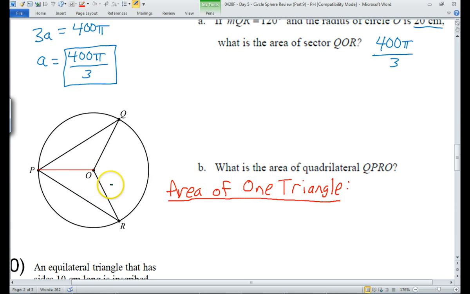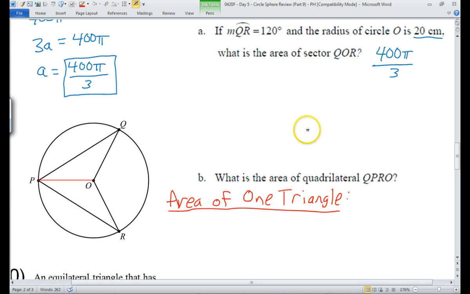Okay, well, how are we going to do that? Well, let's see. First of all, we know that this triangle, let's work on the bottom triangle here. We know that this triangle has an angle of 120 degrees. Okay, that was given to us in the problem.